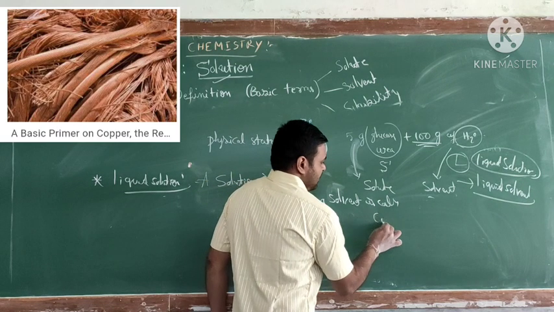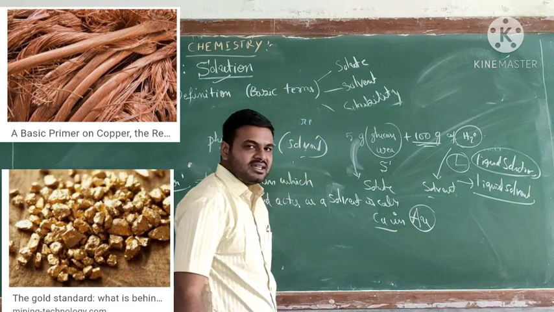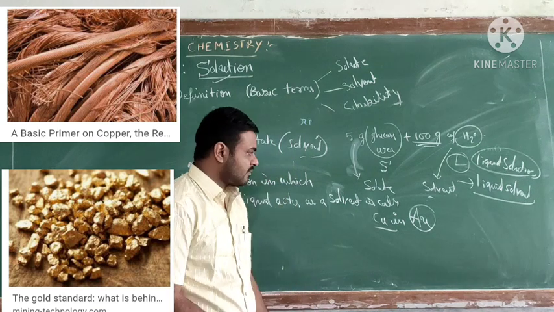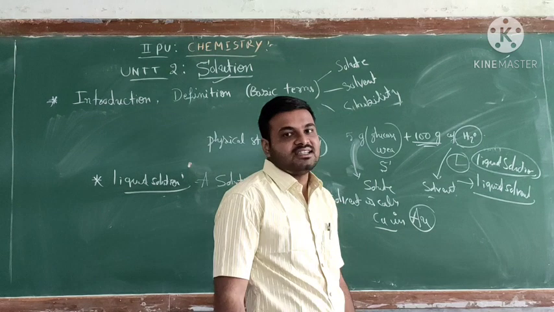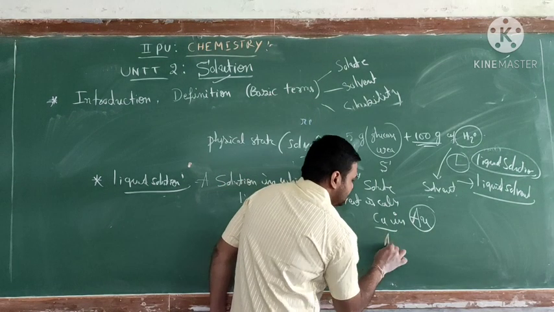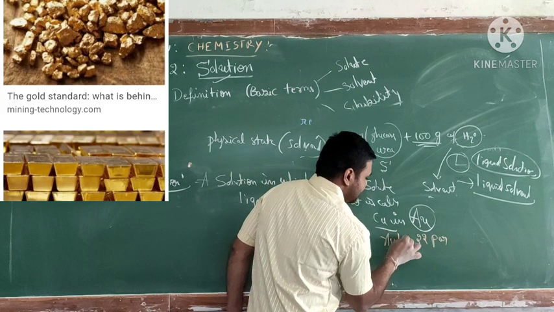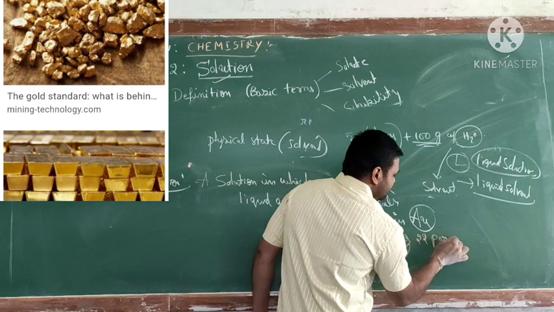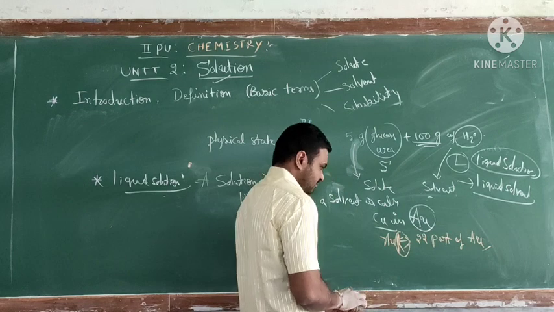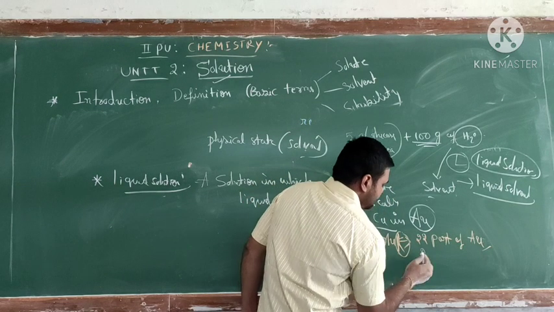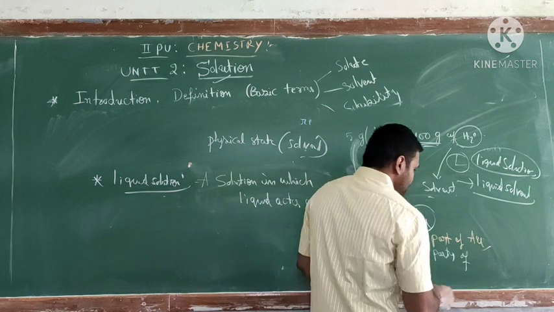Copper in gold. Okay, copper in gold. We already know that gold has how many carats? 22 carats, 24 carats. So gold having 22 carats means 22 parts of gold and 2 parts of copper.